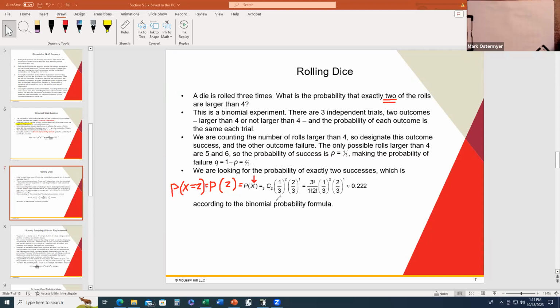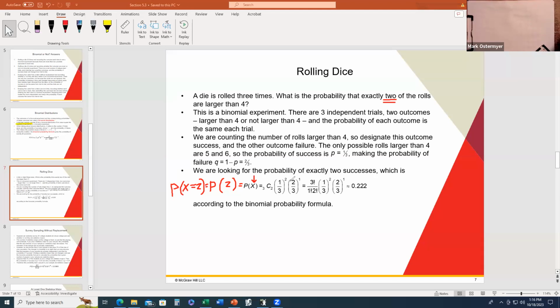Well, the probability of having two successes, if you want to use this long, laborious formula, is going to be 3 in combination with 2 times the probability of a success raised to the second power times the probability of a failure, 2/3 raised to the n minus x power. 3 minus 2 is the first power.